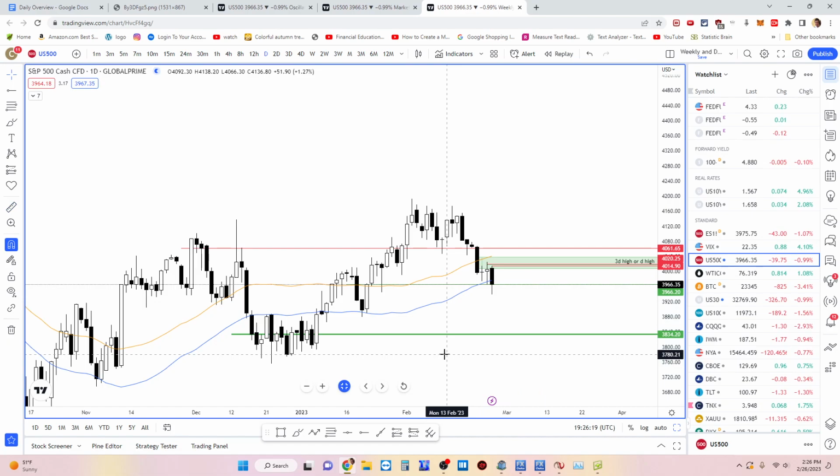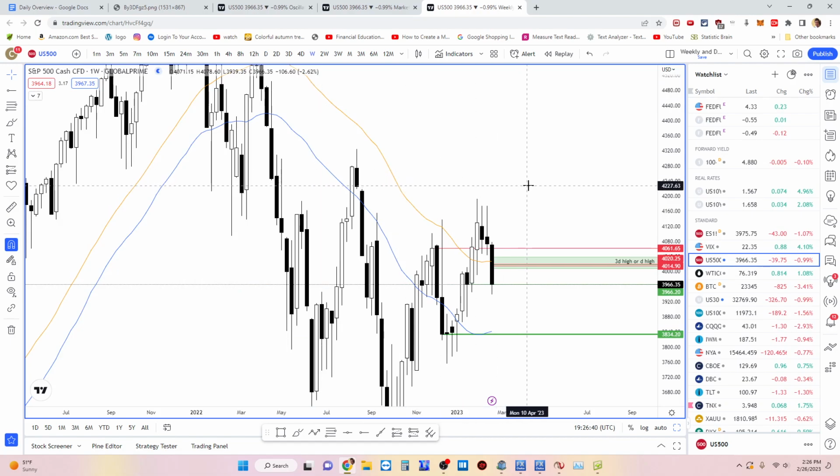So what would you rather have? 3% risk or 6% risk? That's why it makes sense to go bearish around here, because the math just works better, risk to reward. The risk is smaller, and the reward is better for being bearish.